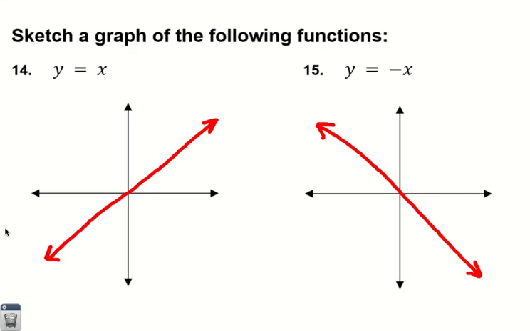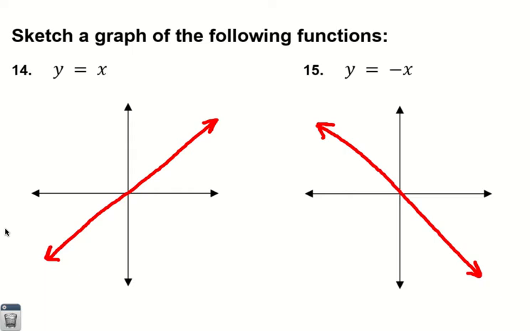The next handful of problems on this page, it's probably best if you could memorize all of these basic sketches. If worst comes to worst, you can always make a quick little XY table to get some points, plot the points and then connect the dots.